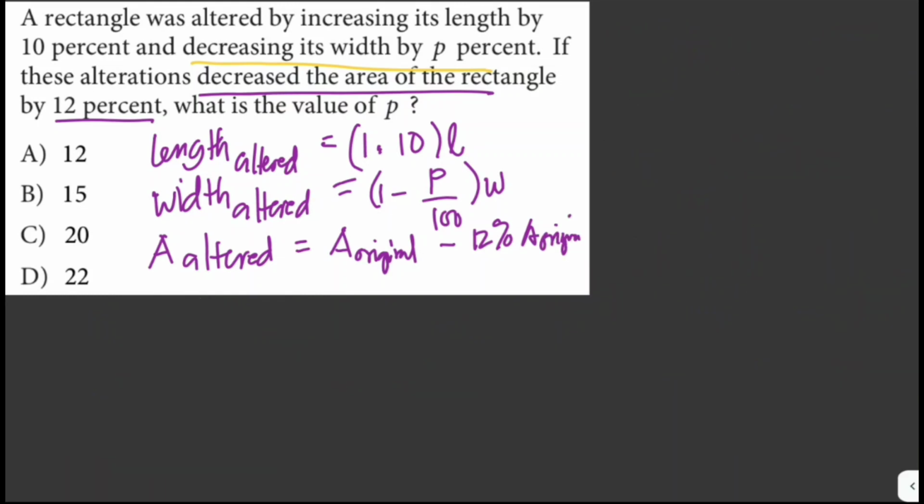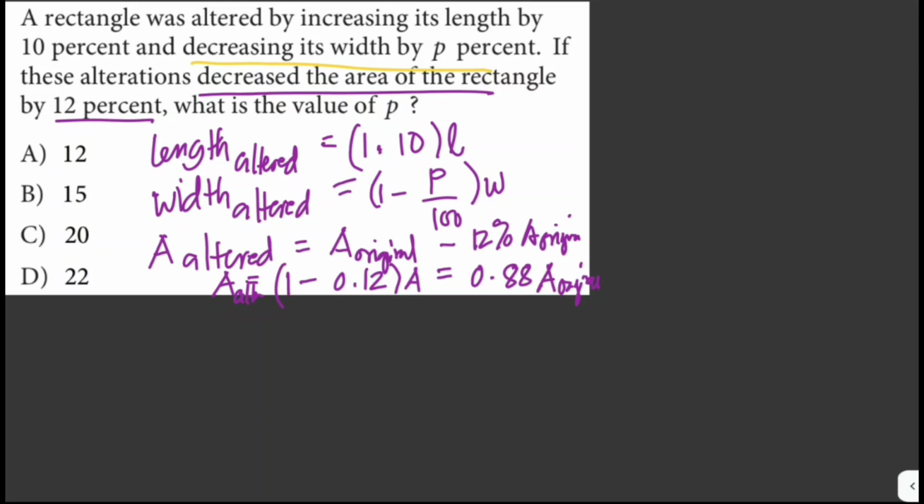So the area of the altered rectangle would be just 1 minus 0.12 times the area of the original rectangle, and this is just equal to 0.88 times the area of the original rectangle.